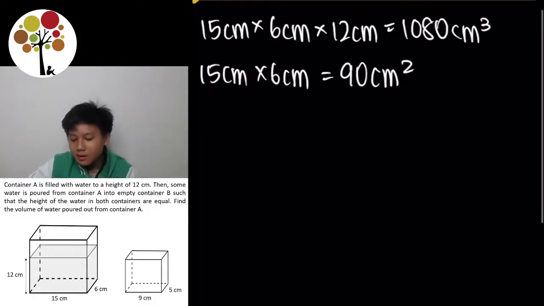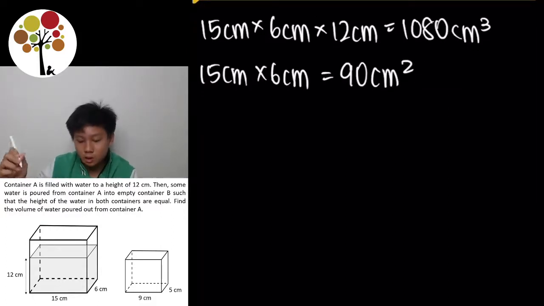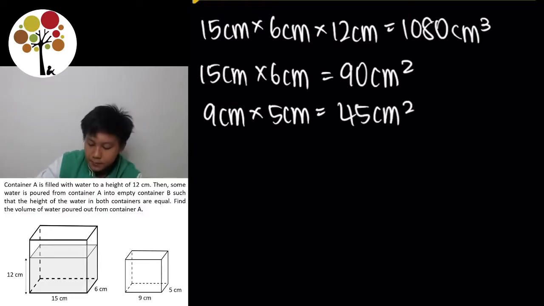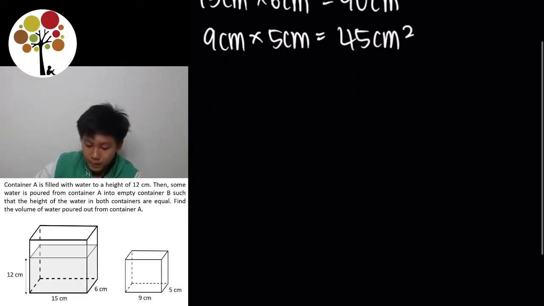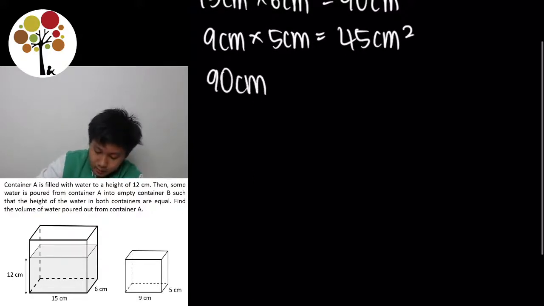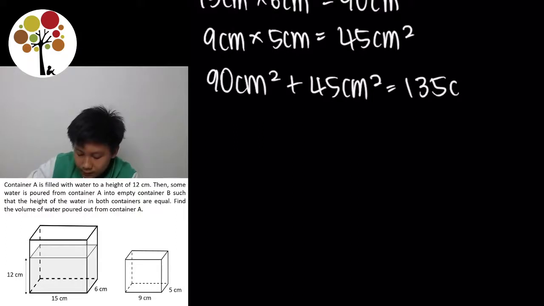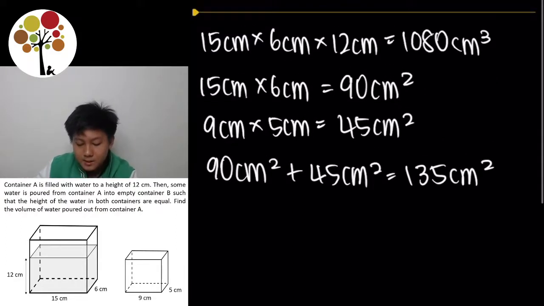Don't get confused, and if you write cm cube by accident instead of cm square, if I'm not wrong, you can get deducted half a mark, and that's actually quite a lot. So just don't waste it. And for the base of container B, 9 cm times 5 cm, which is equal to 45 cm squared. So now we just have to combine the two bases, 90 cm square plus 45 cm square, which is equal to 135 cm square. So that is their bases combined.